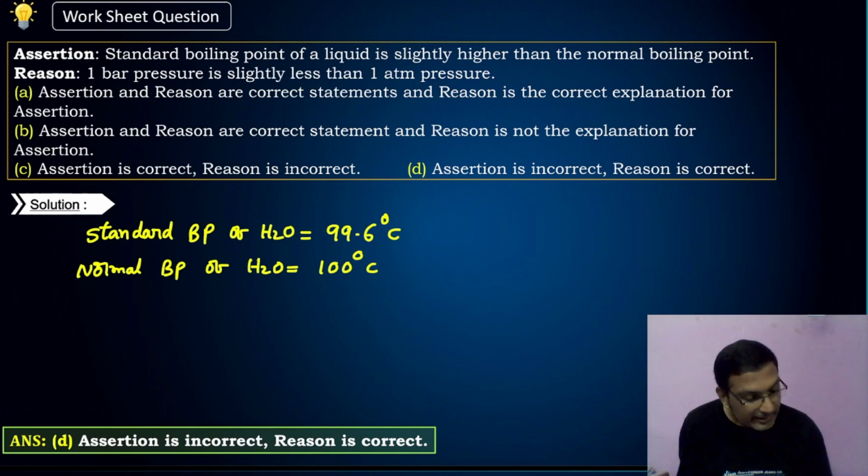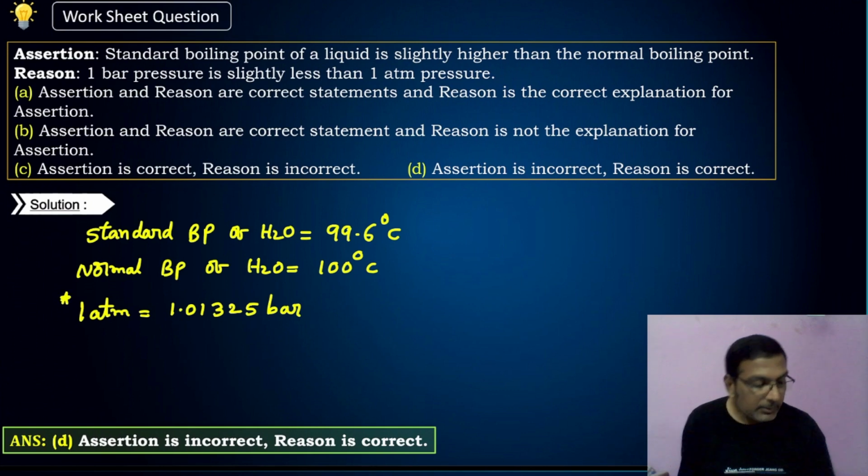Reason: the relation between atmosphere and bar is 1.01325 bar. Based on this, the assertion is incorrect and the reason is correct. Therefore, option D.